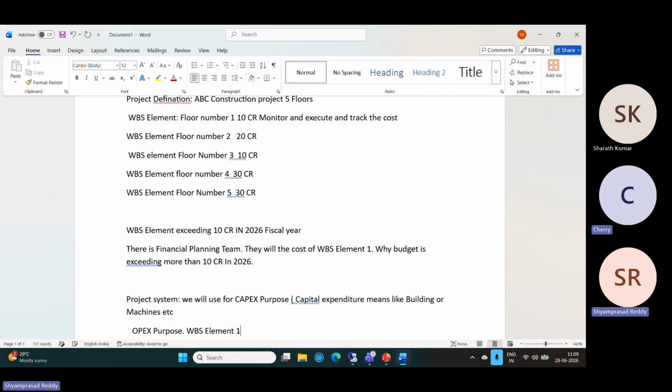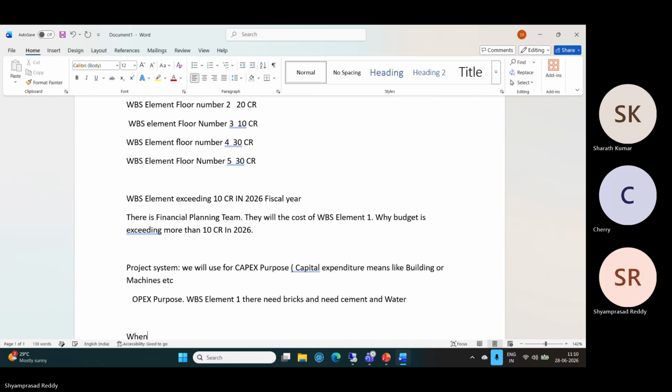Okay, they need bricks, cement, water, and electricity, like that. In that case, operational means daily use, for operational purposes. CAPEX means capital expenditure.